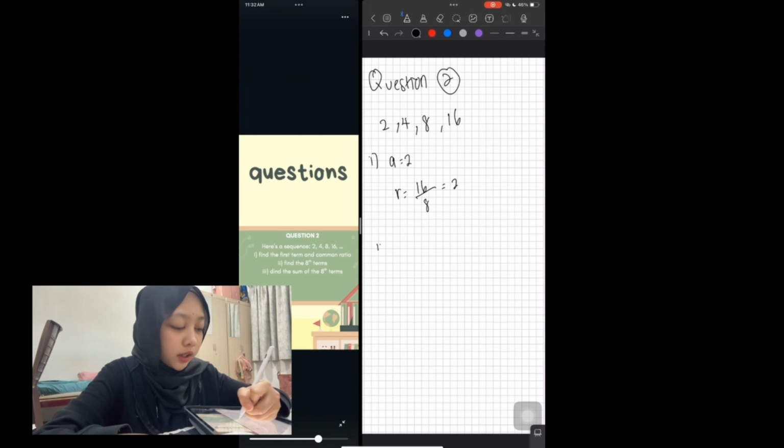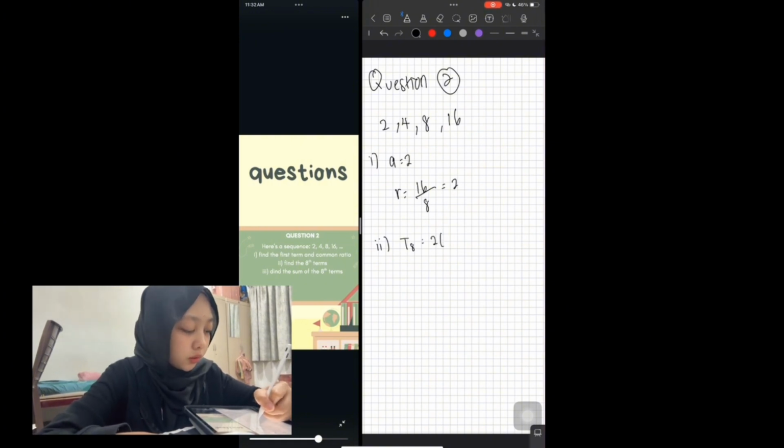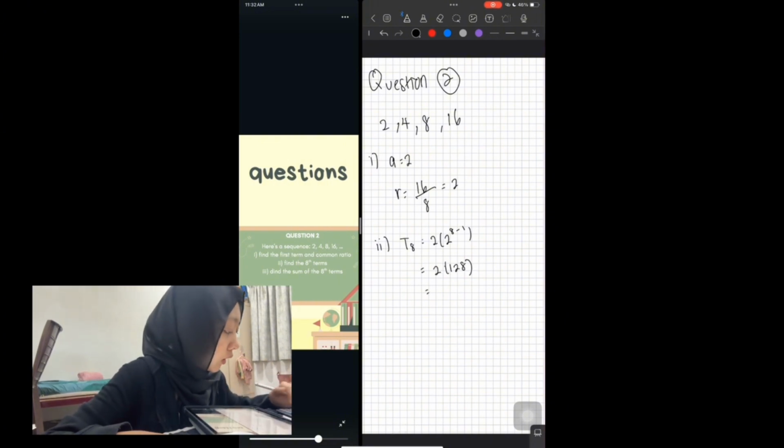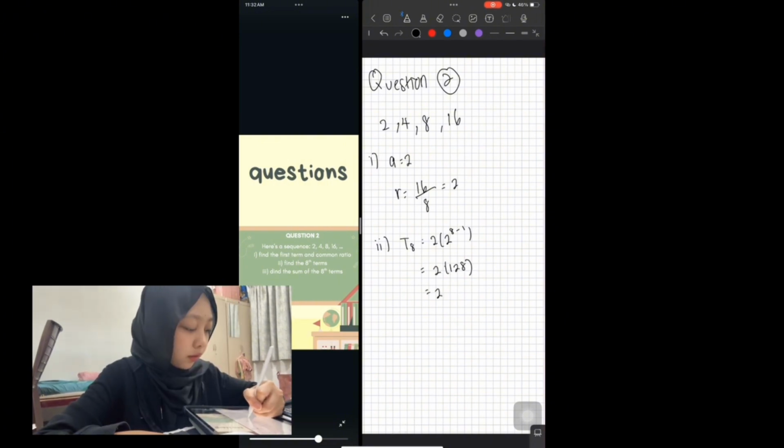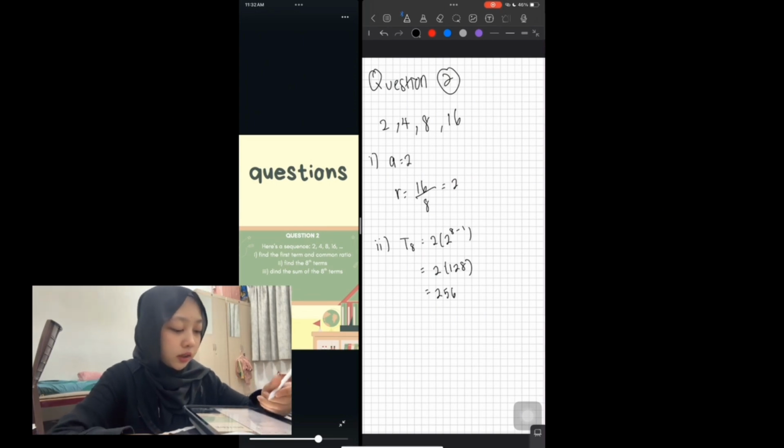Now we need to find the 8th term. Using the formula, the first term is 2 and the common ratio is 2, so it's 2 to the power of 8 minus 1, which is 2 to the power of 7. Just multiply by 2, and you get the answer 256. So that's the 8th term.